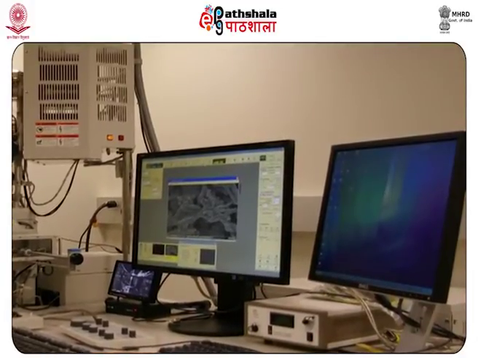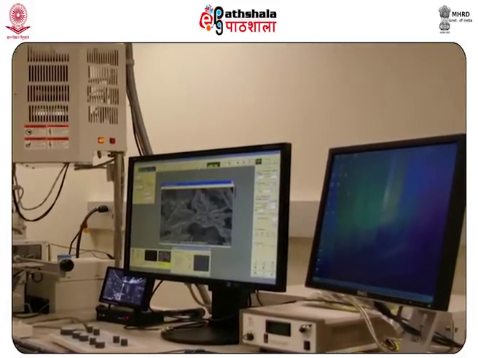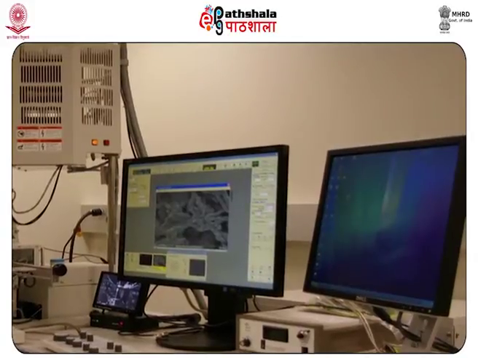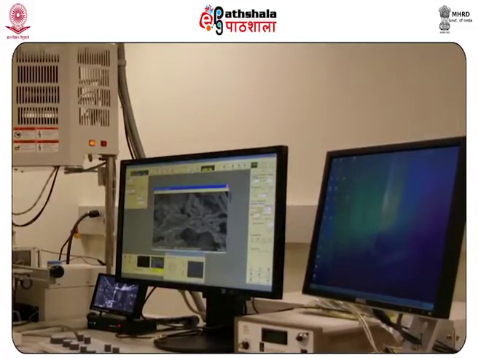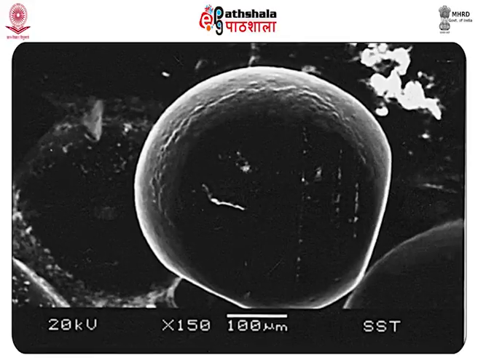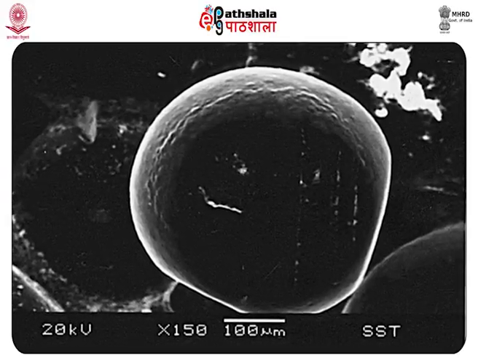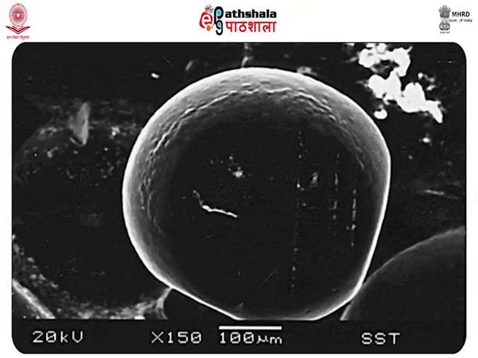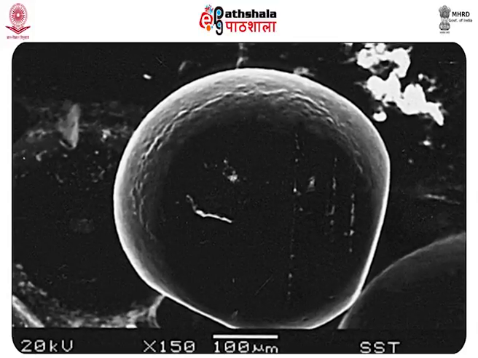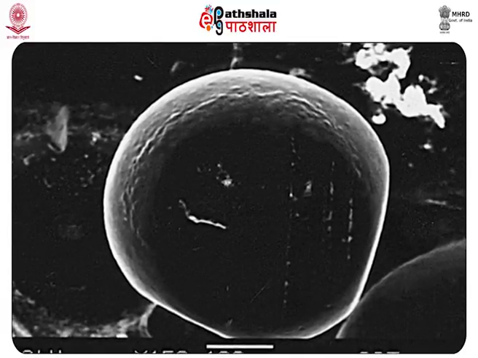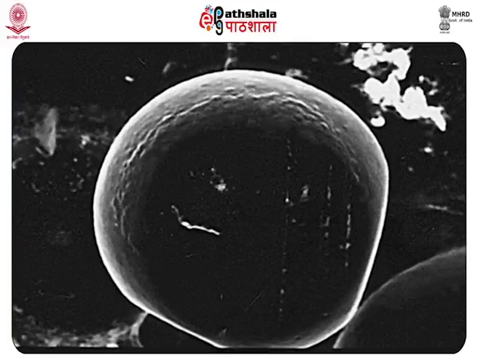These particles can be characterized by their size, shape, and elemental composition. As shown in the figure, when the sample of gunshot residue is exposed to a beam of electrons from a scanning electron microscope, X-rays are emitted.